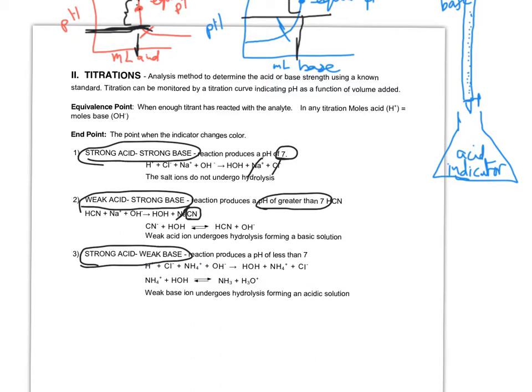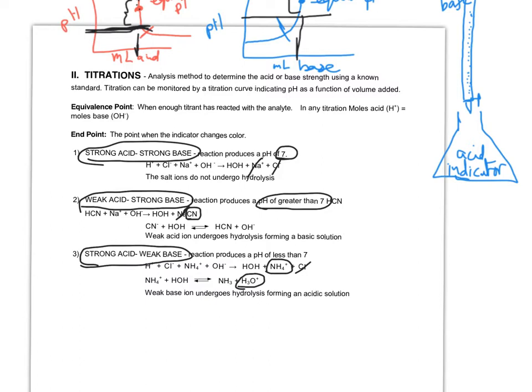Cl- is the anion of a strong acid, HCl, so that does not undergo hydrolysis. However, NH4+ can, and so it undergoes hydrolysis. It donates an H+ to the water, and so it forms NH3 and H3O+. And so I'm forming some hydronium ions, which is acidic.